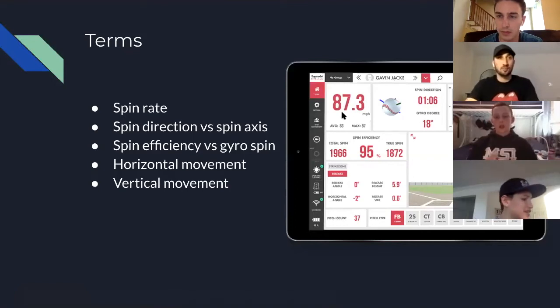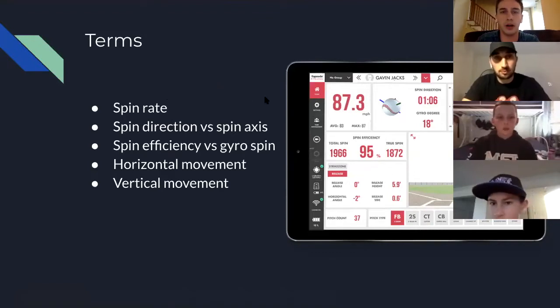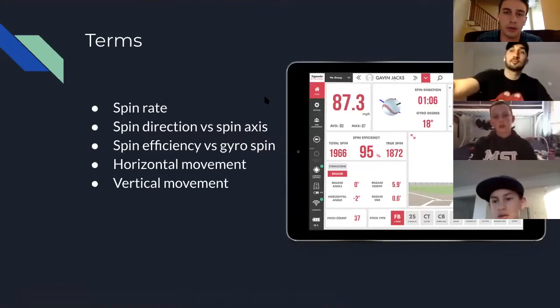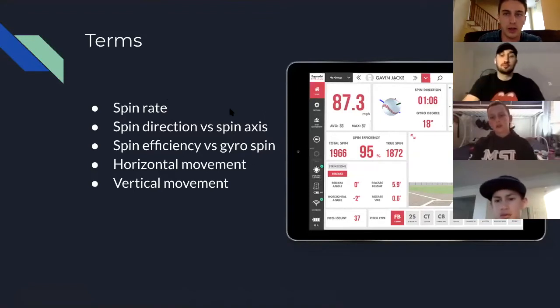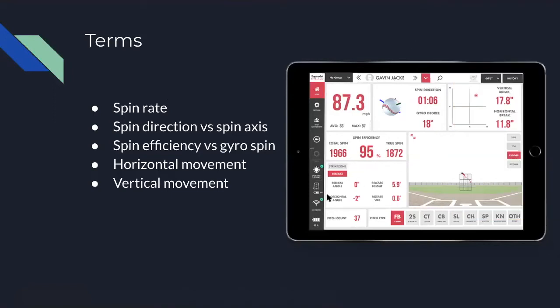The fastball just goes straight, and like curveballs spin to the side. Yep. So spin rate is just the measure of how many revolutions per minute the ball takes. Okay, so that's what you see with Rapsodo. If you can see my cursor here, that total spin number is the spin rate.